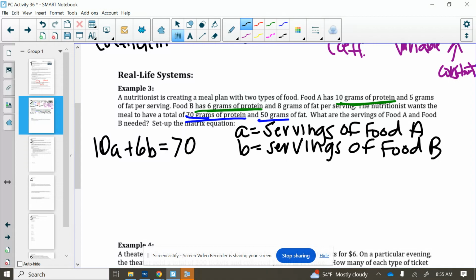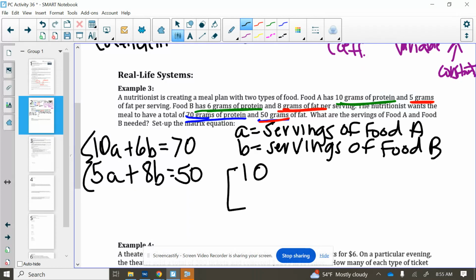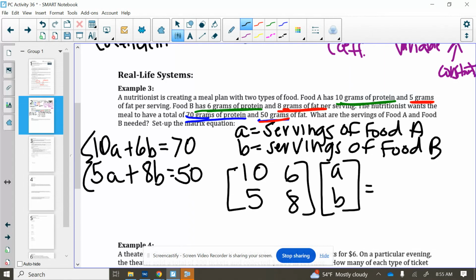And then similarly for the fat, we would take the 8 and the 5, and we want a total of 50 grams, so we would have 5 grams times however many servings of A, 8 grams from B, and 50 total grams of fat in our meal. So we have our system, like we saw up above, that we can now represent using our matrices. So we have our coefficient matrix, we have our variable matrix, and we have that constant matrix this time.